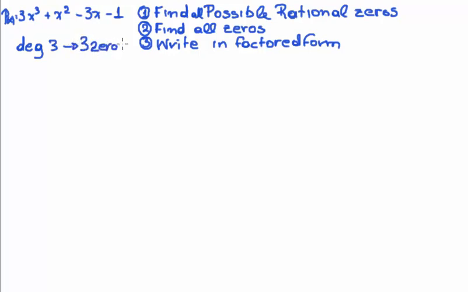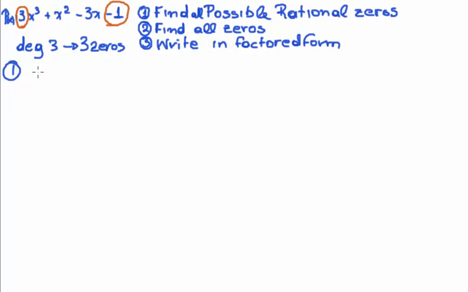In order to complete number 1 and find all the possible zeros, we need to use the theorem for rational zeros. What does the theorem say? The theorem says that we have to focus on two numbers, the constant and the leading coefficient.